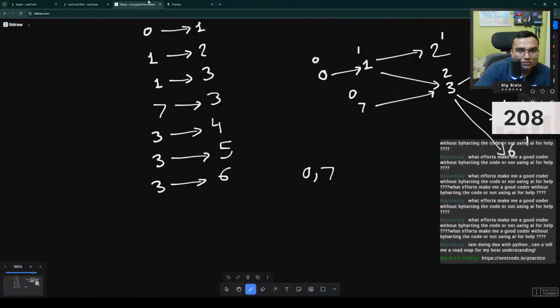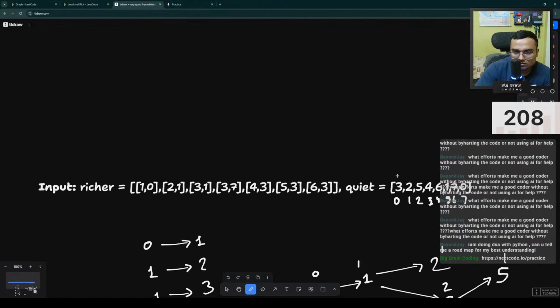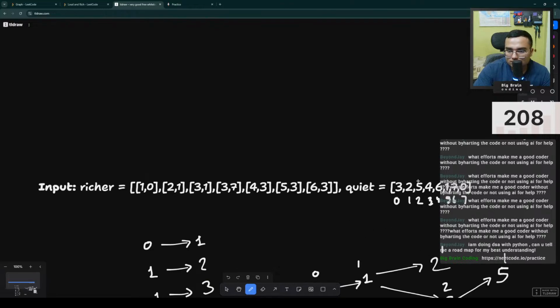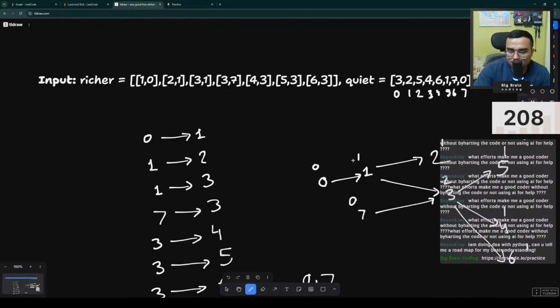So if I go here, for 0 all of them are richer except 7, right? Except 7, all of them are richer, right? So 7 can't be. So yeah, 5 is the answer.